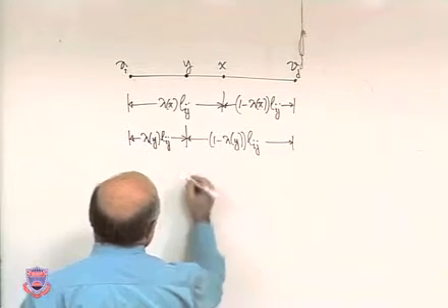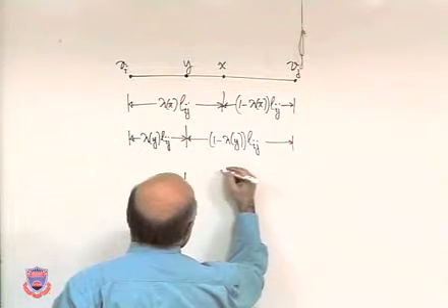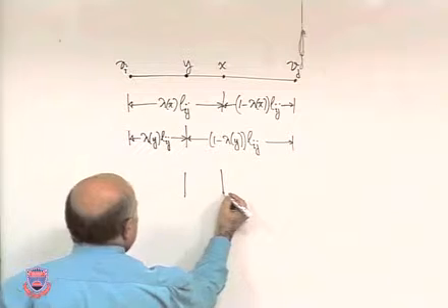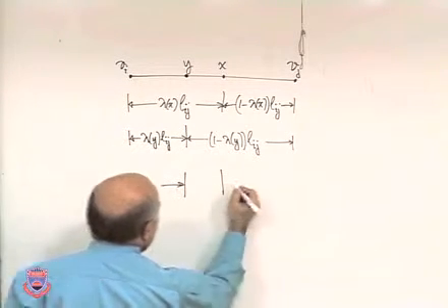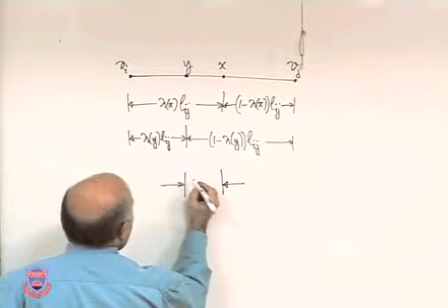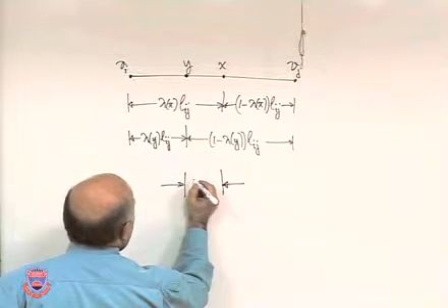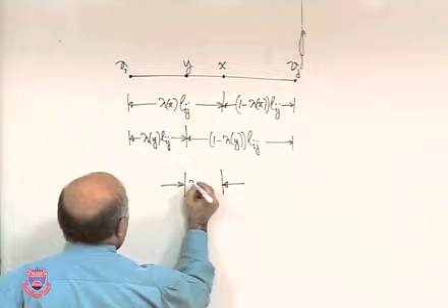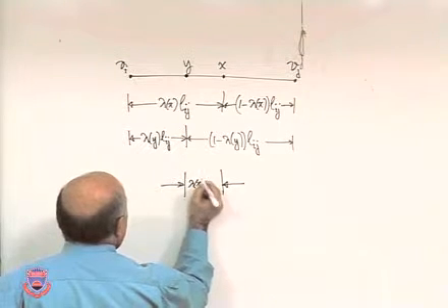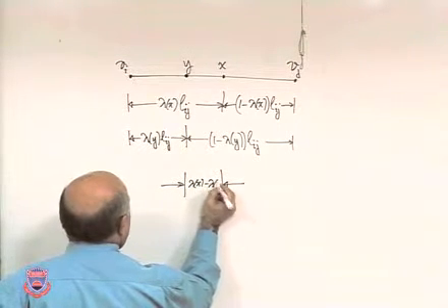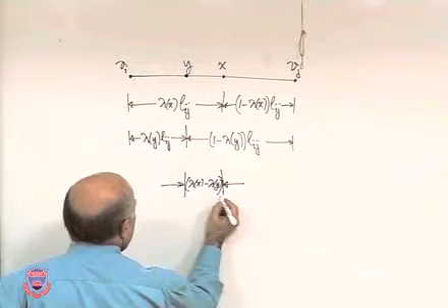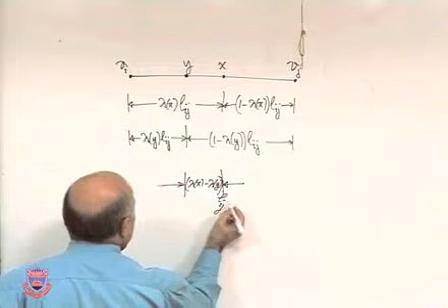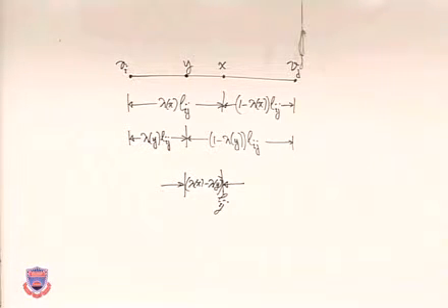And finally, if you look at the segment between the two of them, this portion, the length of that will be how much? Yes, lambda x minus lambda y times Lij. Okay.